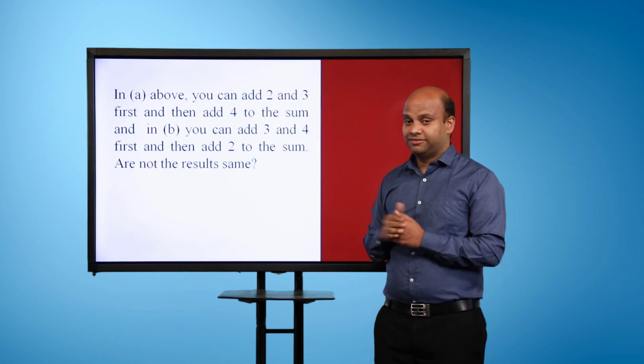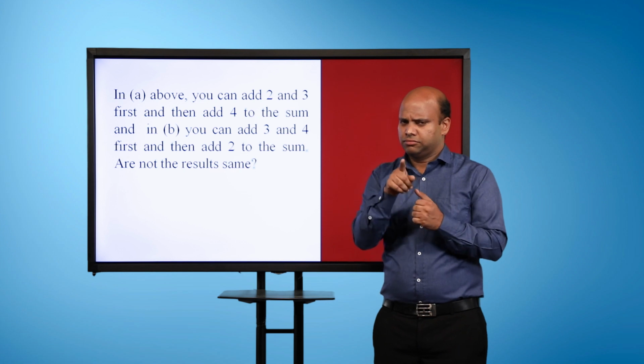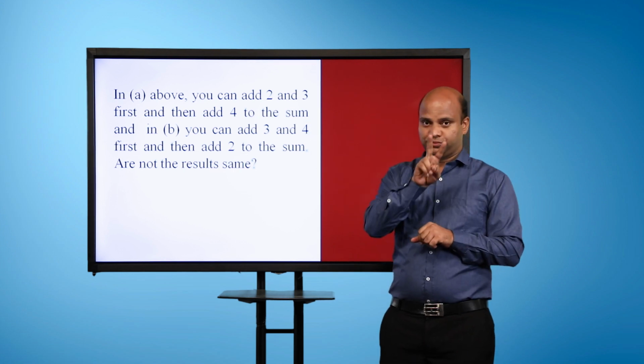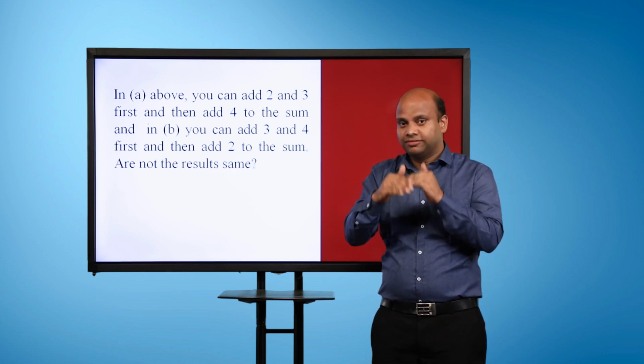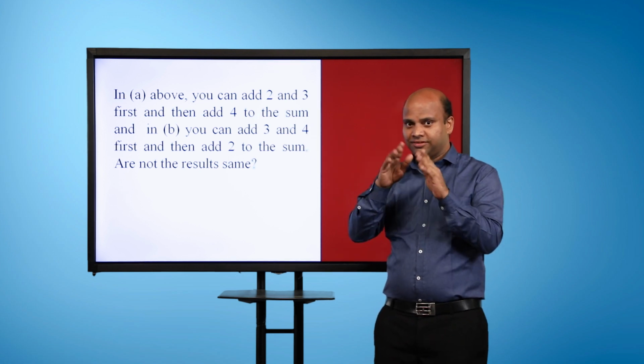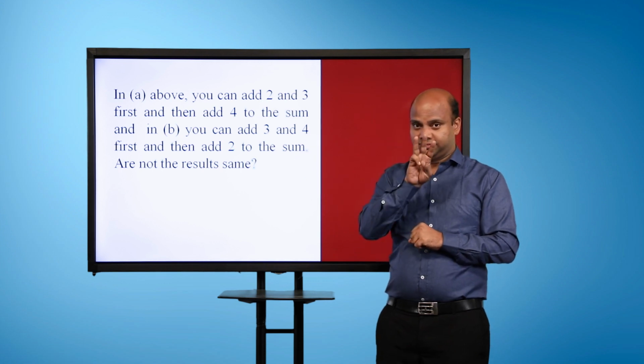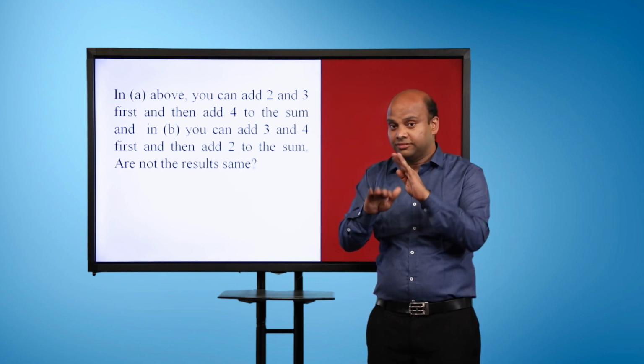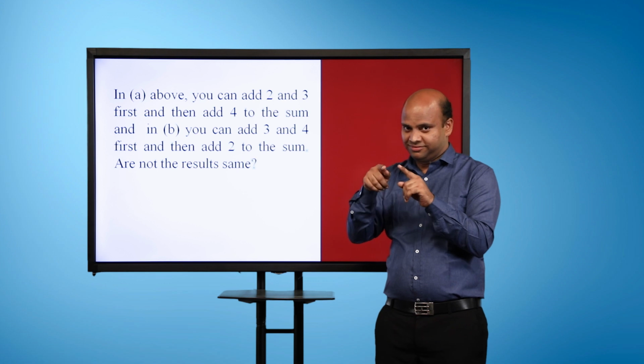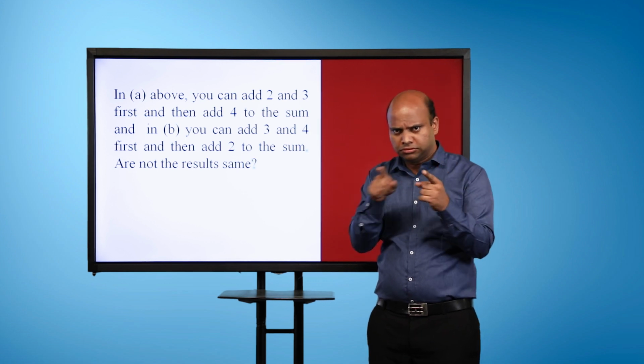In A above, you can add 2 and 3 first and then add 4 to the sum. And in B, you can add 3 and 4 first and then add 2 to the sum. Are not the results same?